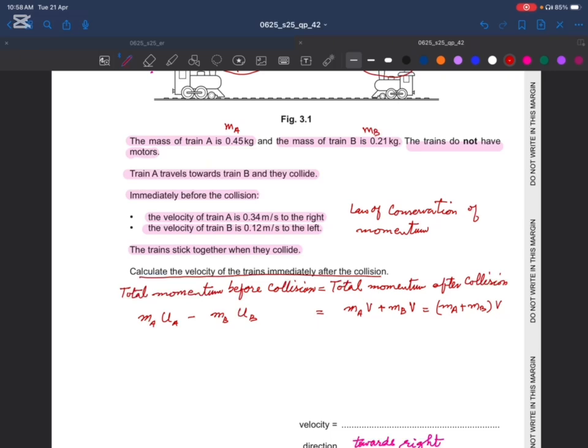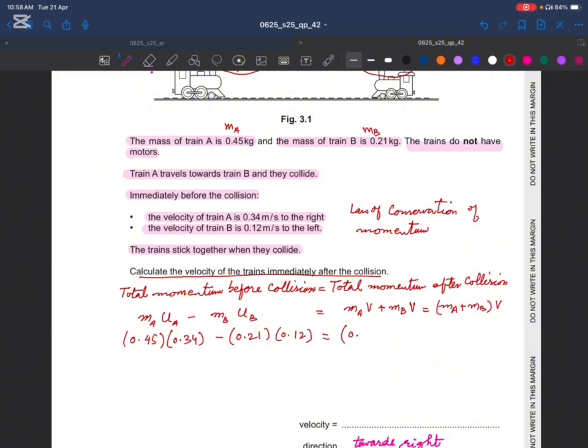So what is the mass of A? This is 0.45. What is the velocity? Initial velocity 0.34. And over here, you have the value of mass of train B, and the velocity before collision is 1.2. As far as the masses are concerned, obviously they are not changing during collision.